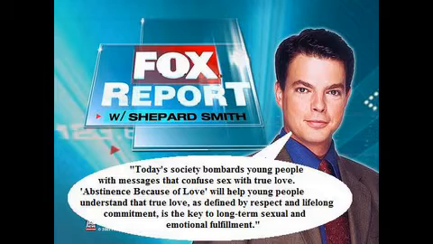Today's society bombards young people with messages that confuse sex with true love. Abstinence because of love will help young people understand that true love, as defined by respect and lifelong commitment, is the key to long-term sexual and emotional fulfillment. Quote from Shepard Smith, from the Institute for Youth Development.